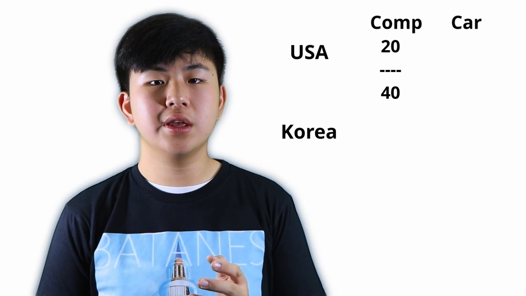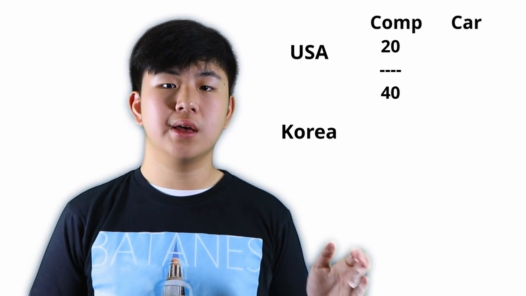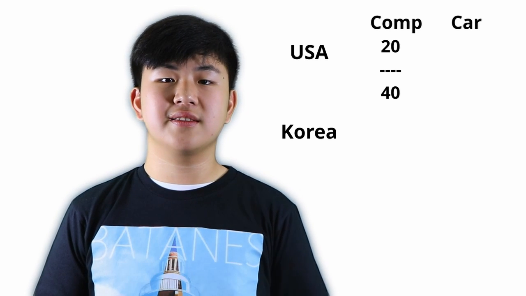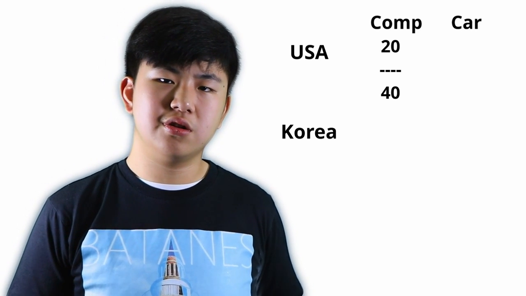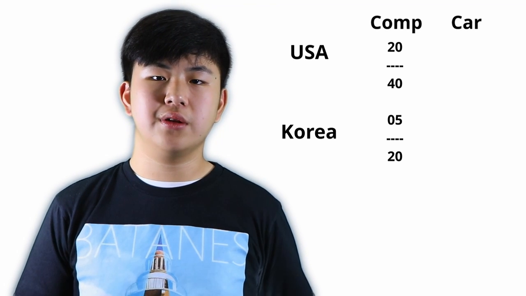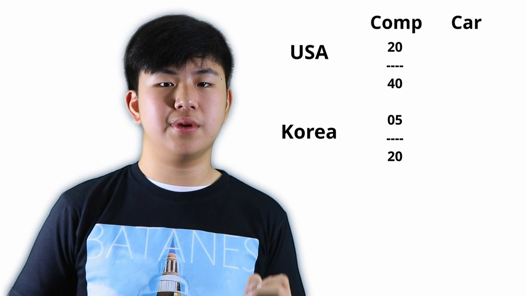In the US case, we will be using 20 over 40 because every time we produce 40 computers, we lose out on 20 cars. And in Korea's case, we should do 5 over 20 because we lose out on 5 cars every 20 computers that we produce in Korea.